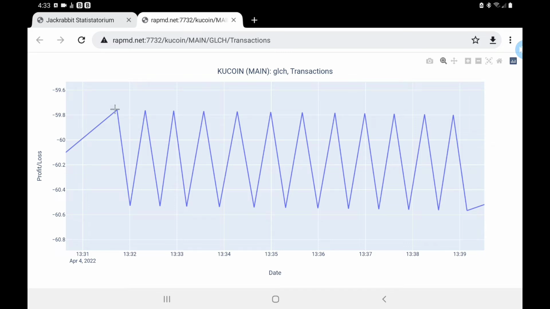But why is there a downward slope? I'm making profits, so why am I actually losing value? Well, that's because I became the whale in the pond.